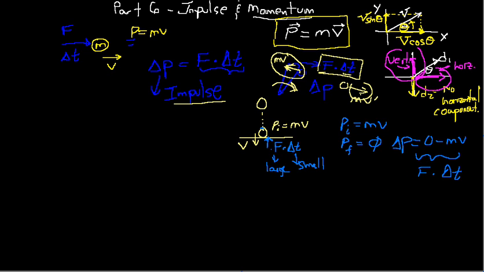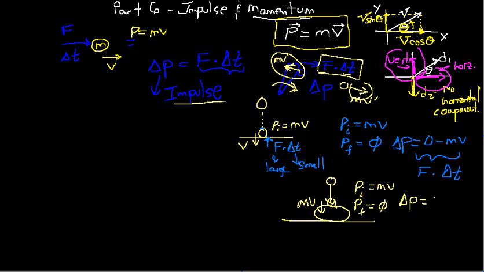So now, what happens if you, to use the same example, have a pillow and you drop the egg, and now when the egg hits the pillow and lands here, it's got a momentum, mass times velocity, whatever the velocity is at this point. Its initial momentum is mv, its final momentum when it stops is 0, so its change in momentum is still 0 minus mv.